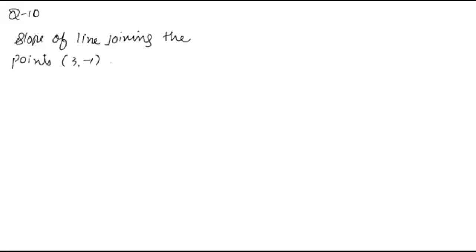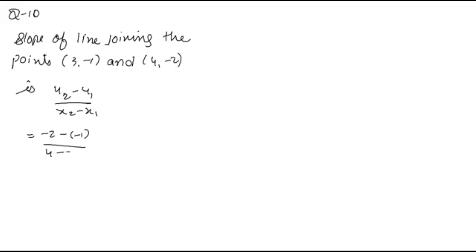Now see, slope of the line joining the points 3 comma minus 1 and 4 comma minus 2 is y2 minus y1 upon x2 minus x1. So minus 2 minus minus 1 upon 4 minus 3.